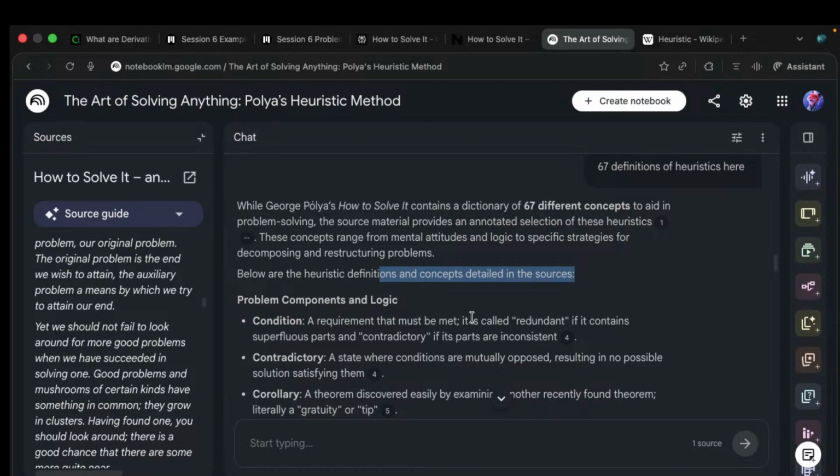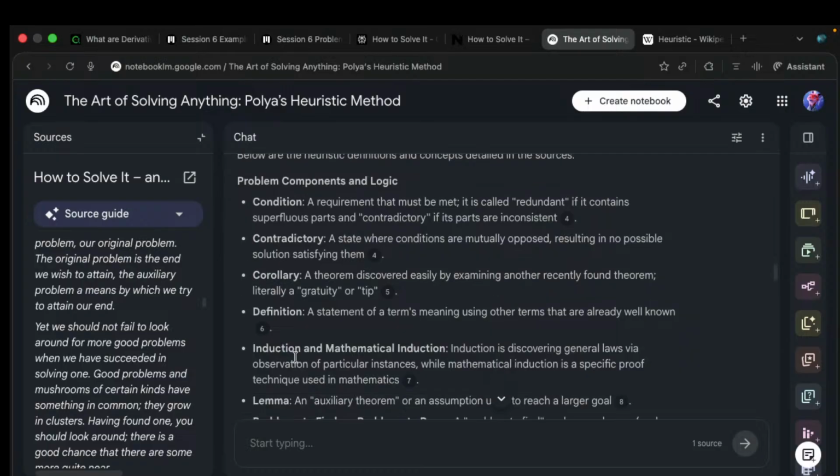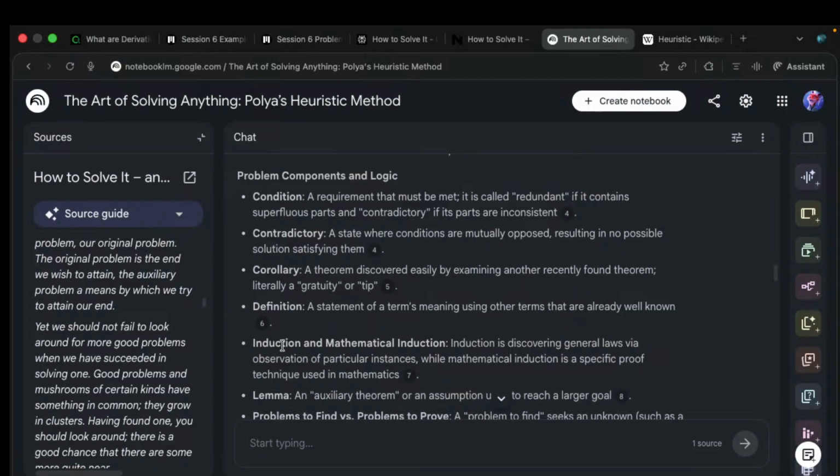Okay, I think I read the same thing in the proof section of mathematics. So corollary: a theorem discovered easily by examining another recently found theorem. Okay, so this is just the basic thing, like what we have understood in proofs, the skeleton of the logic.